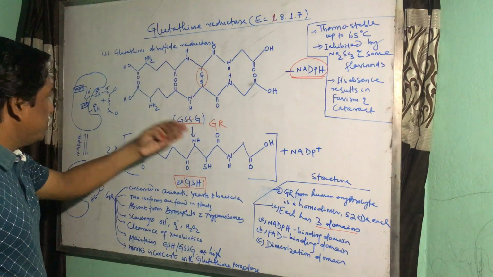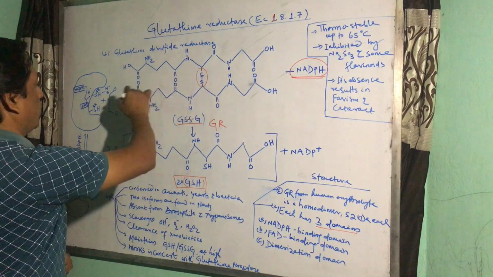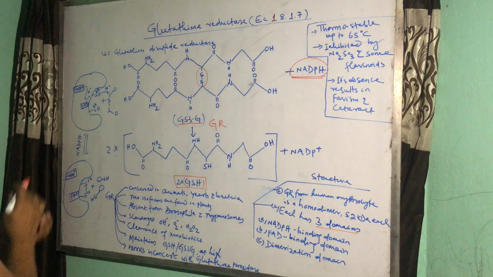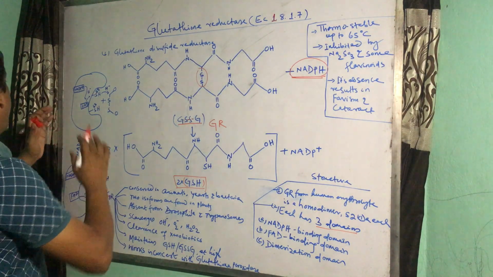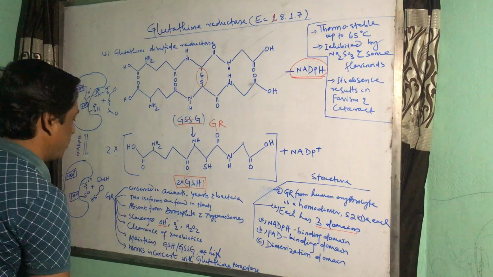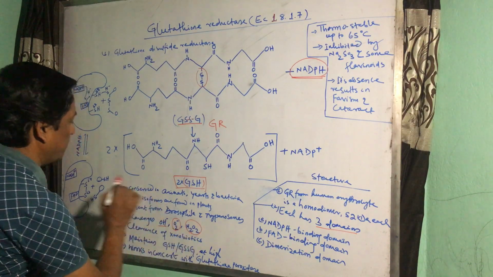By reducing these, it accepts two protons from the cytosol, and the protons are released from various oxidative stress molecules such as hydroxyl ions, superoxide ions, and hydrogen peroxide.